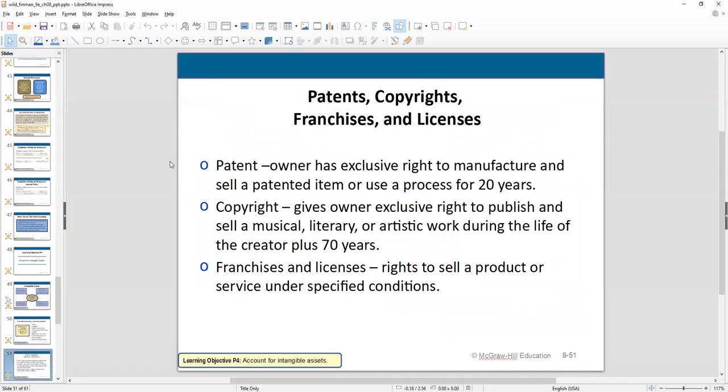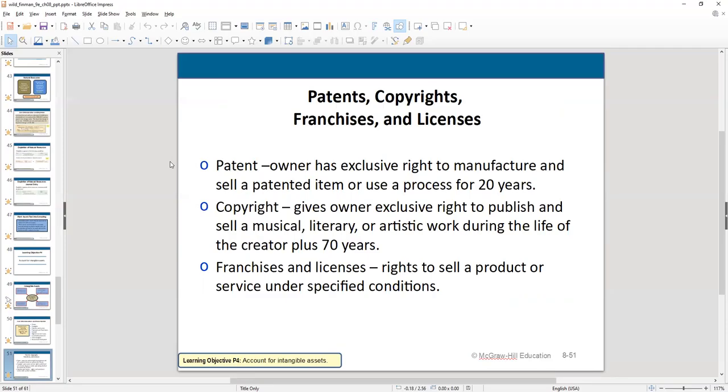Some examples: a patent owner has a right to manufacture and sell a patented item for 20 years. Copyright gives somebody the right to use their work for 70 years, although I understand there's something that Disney helped create through legislation that lets you renew that.